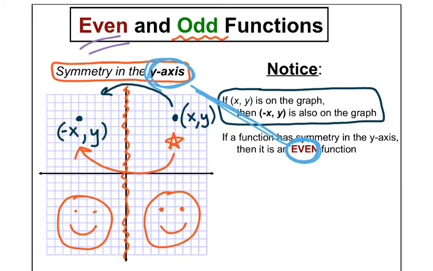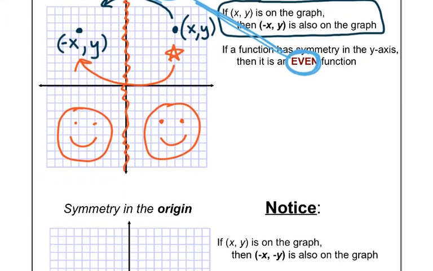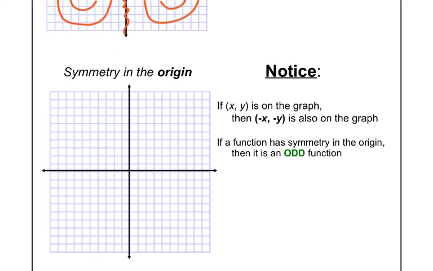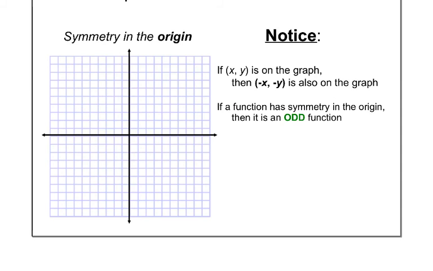The other type that we can have is symmetry across the origin. Now remember, the origin is not a line, it's the point (0, 0). There's your origin. Now how can you have symmetry over a point? That's kind of strange. But it goes back to that green plant that we saw, which sort of spiraled around. Here's what can happen when you are symmetric with the origin.